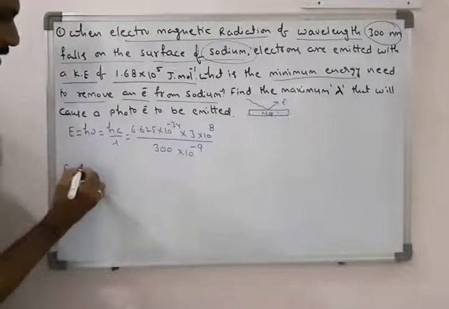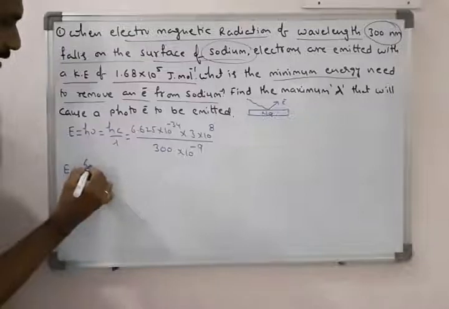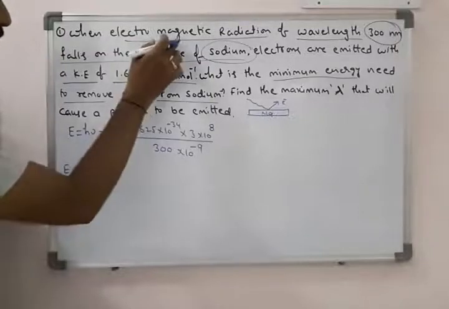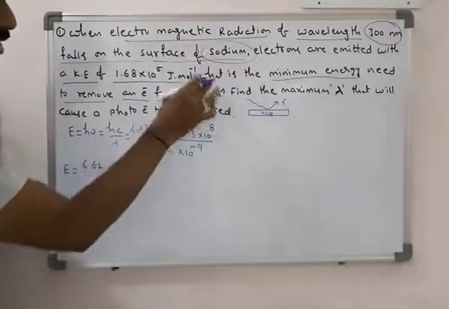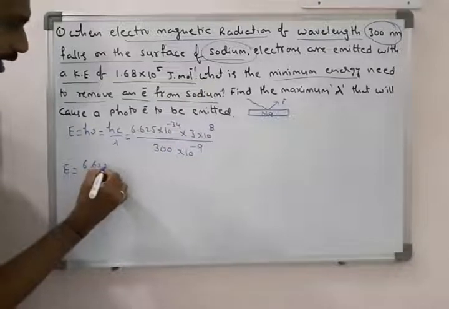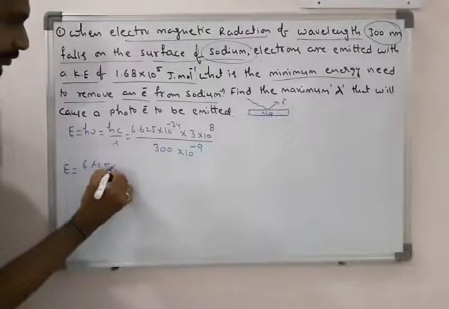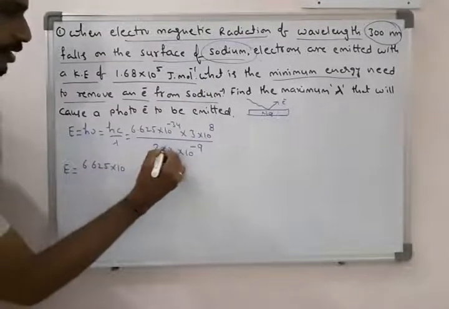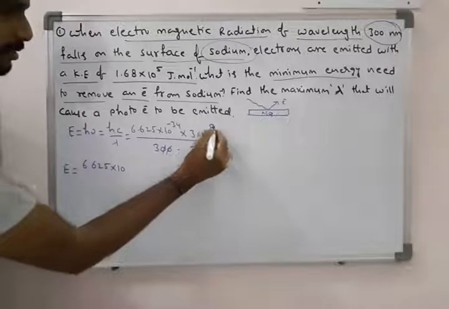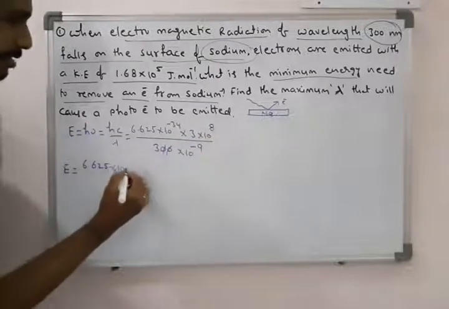So finally the energy of that electromagnetic radiation passed on the sodium metal we can write. The exponent becomes minus 7, this becomes plus 7.